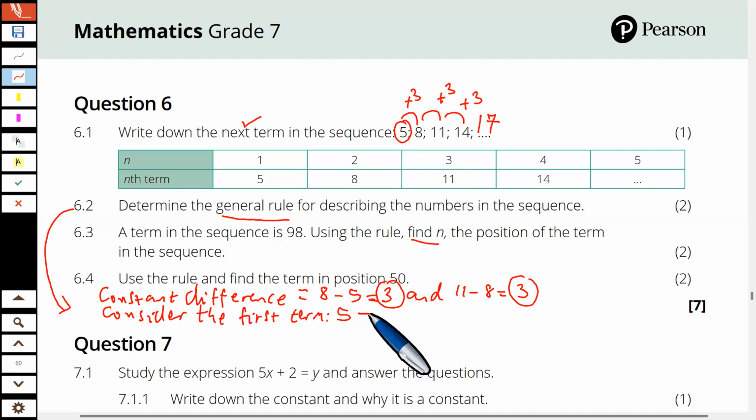So because we're increasing by 3 all the way, it means a given term K is increased by 3.